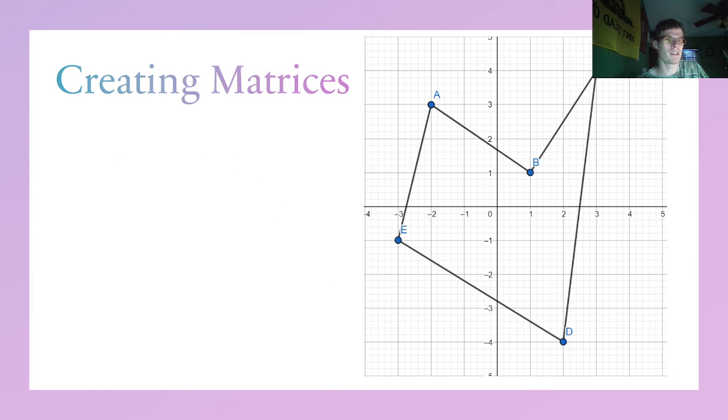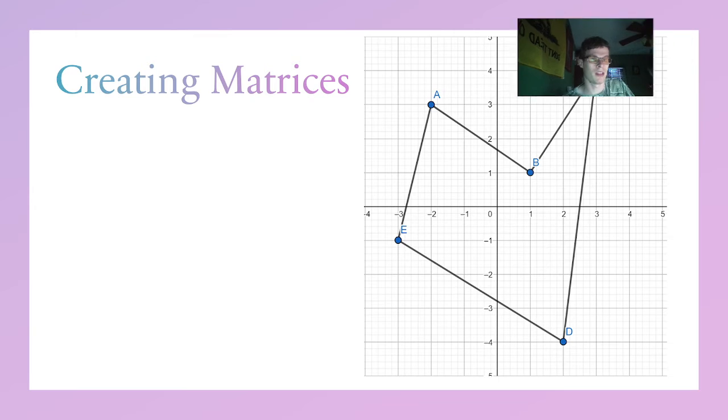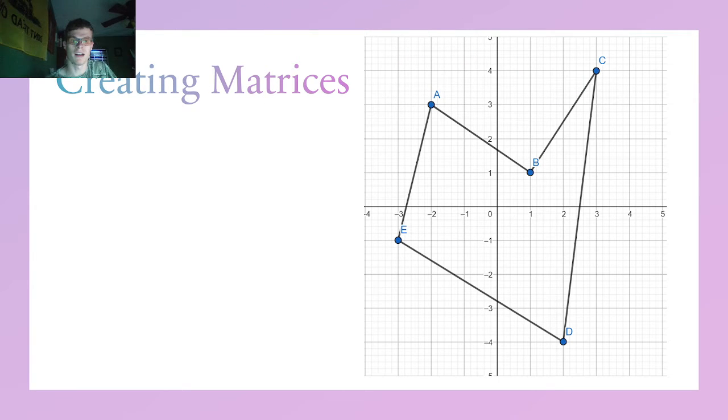Alright, creating matrices. Let me move my little face over here. So now we are taking these graphs and we are designing matrices based on them. What I'm going to do is create a 5 by 2 matrix for this one. My rows represent my different points, A, B, C, D, and E, and my columns are X and Y, okay?